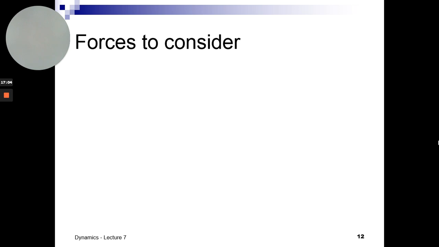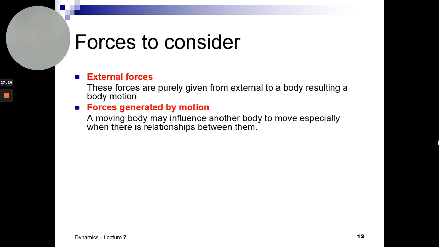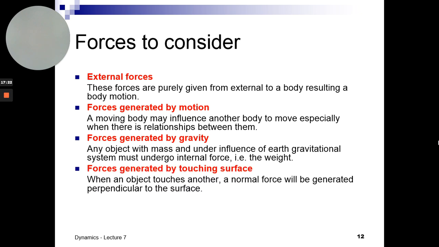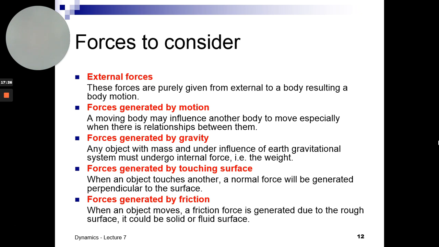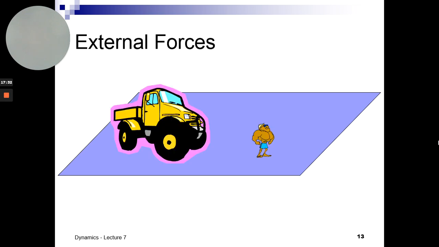Okay, what is the forces to consider? One is external forces. Number two is forces generated by motion. Number three is forces generated by gravity. Four is forces generated by touching surface. And then forces generated by friction. So this is example of external forces.